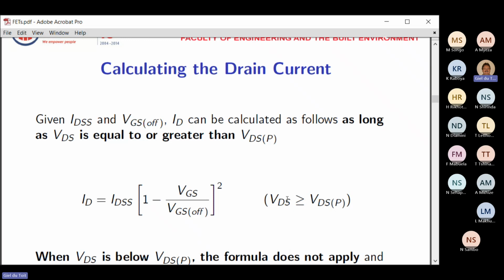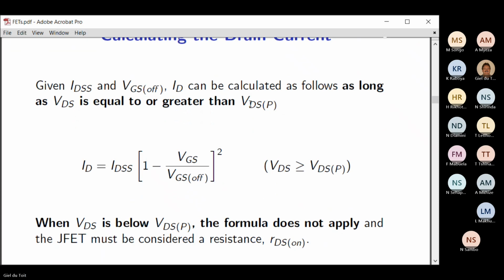But the drain source voltage must be bigger than the drain source voltage at pinch off. That's what that P stands for. You don't have to worry too much about it. We won't really ask that in the exam, but just learn this formula here. This formula doesn't apply in a special case, but we are not going that deep into that in this class.